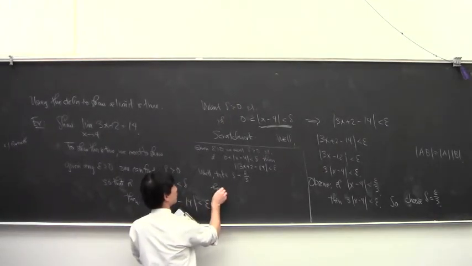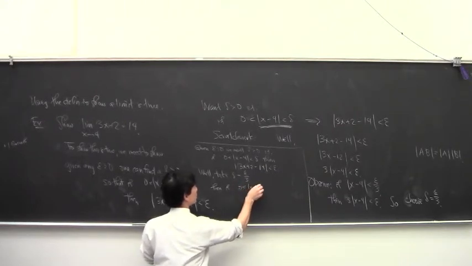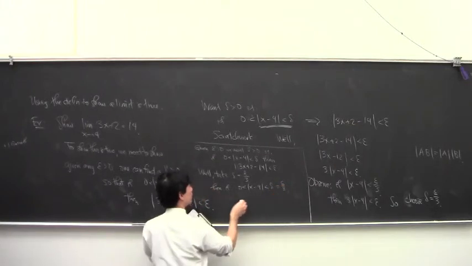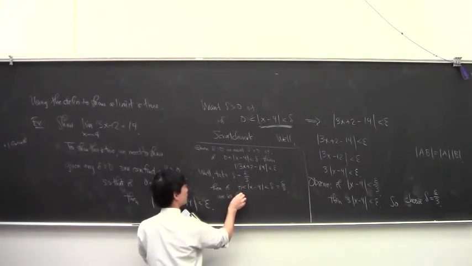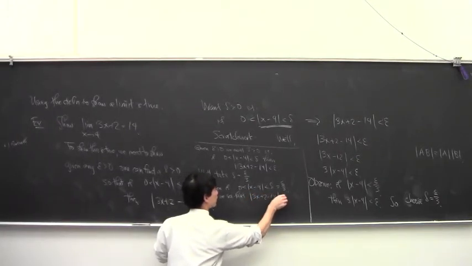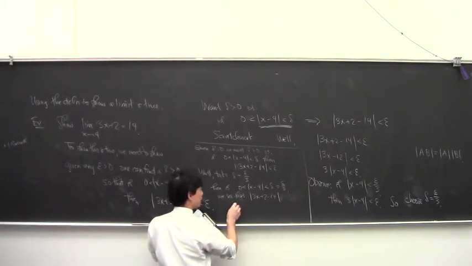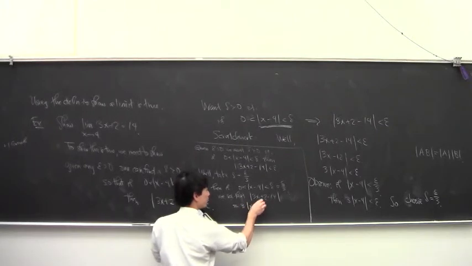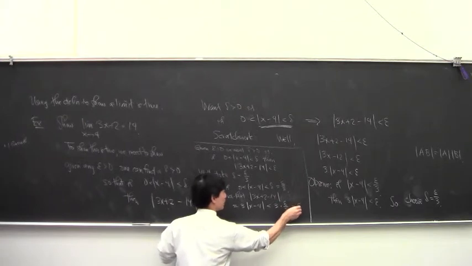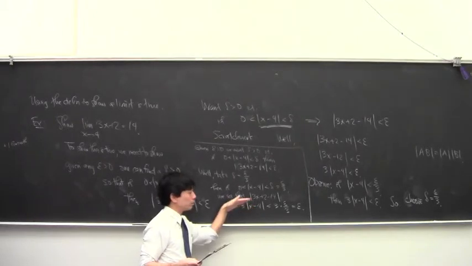Then, if this is smaller than delta, namely epsilon over 3, we see that this thing is 3 times x minus 4, which is smaller than 3 epsilon over 3, namely epsilon. So that delta being epsilon over 3 works for us.